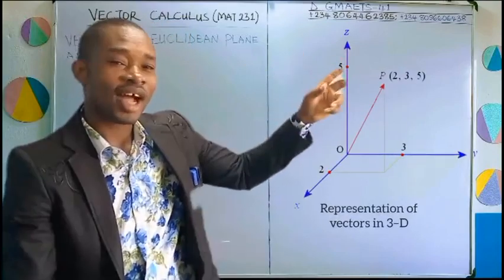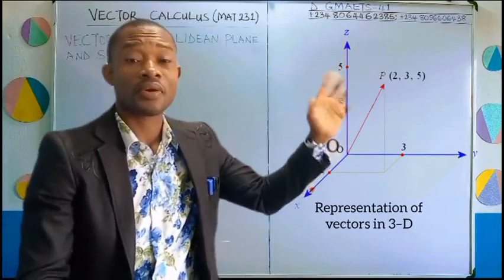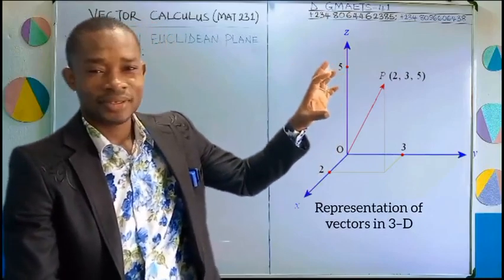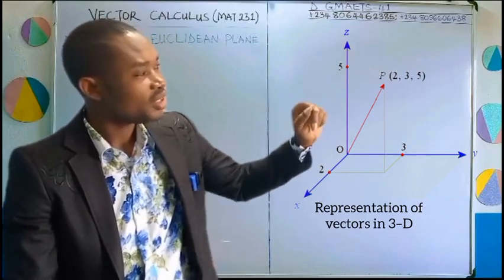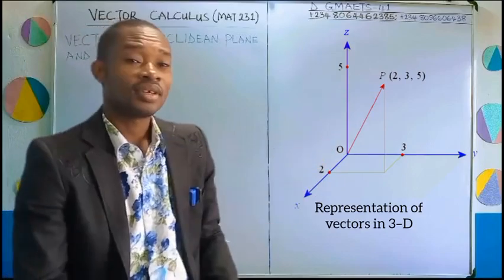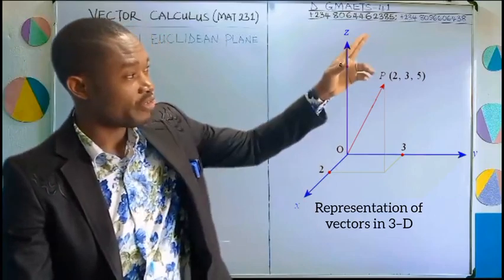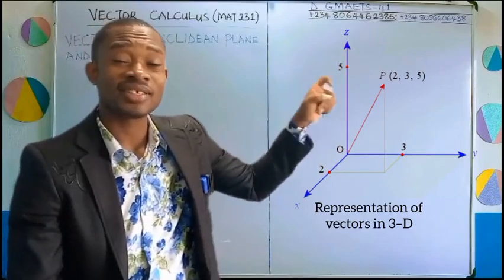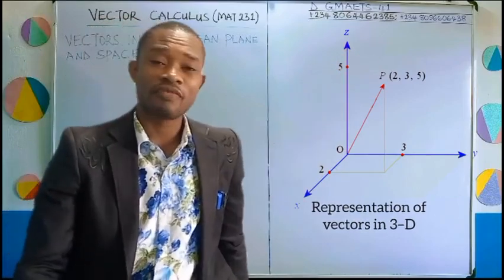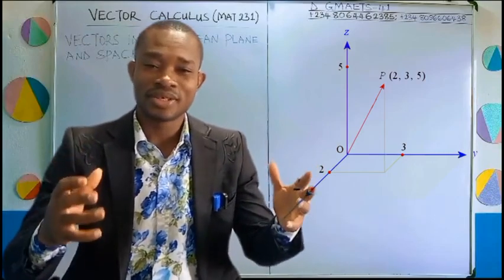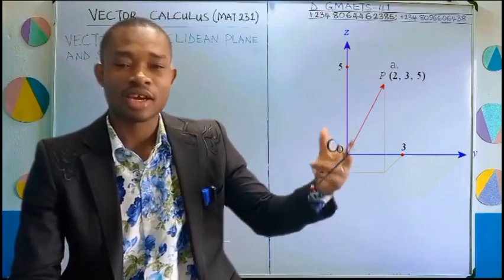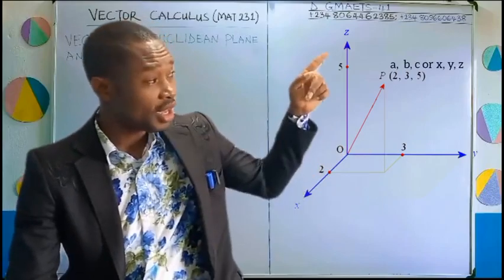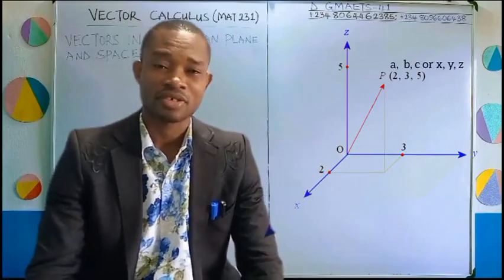You can take a look at the graph showing on the screen, and then you see clearly that there are 3 axes there. We have the z, the x, and the y axis. Alright? And of course you can see a vector drawn now. So that vector is in 3 dimensions. The position of the vector can be located using 3 values, a, b, c, to locate the position of that vector.